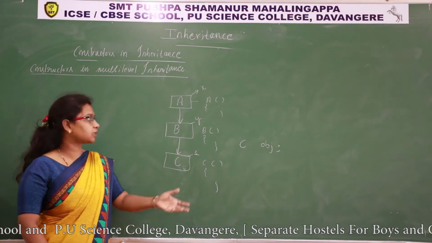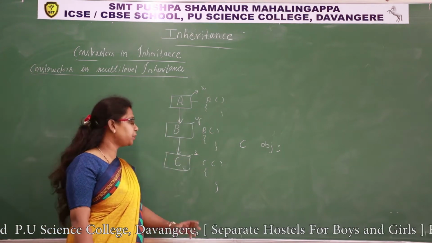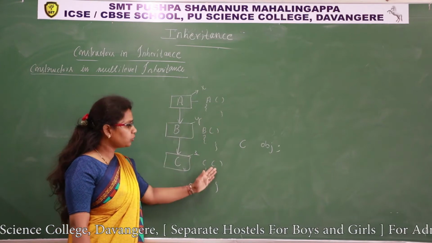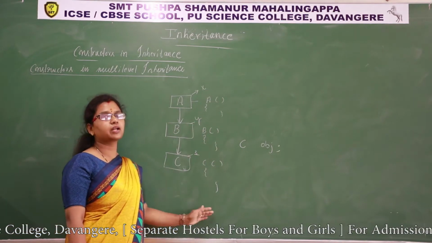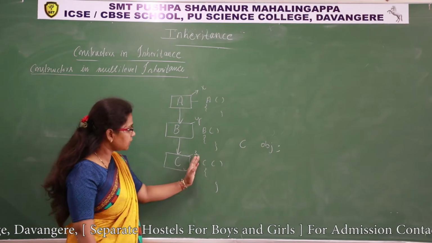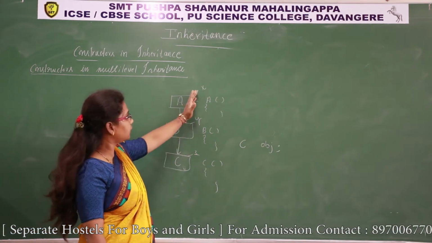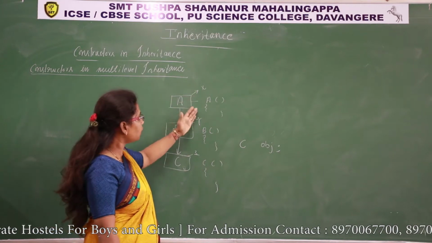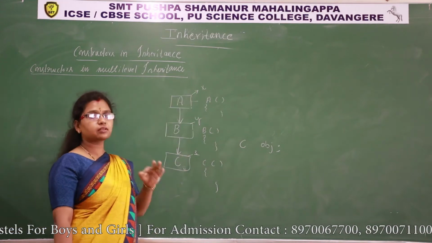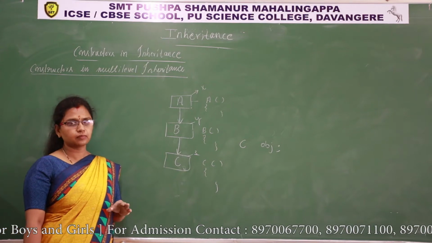How to invoke that constructor? So we have to pass initial values through the constructor of class C. So class C has one data member, B has another, and A has one more data member. In total, how many data members do you want to initialize? 3 data members. Understood?